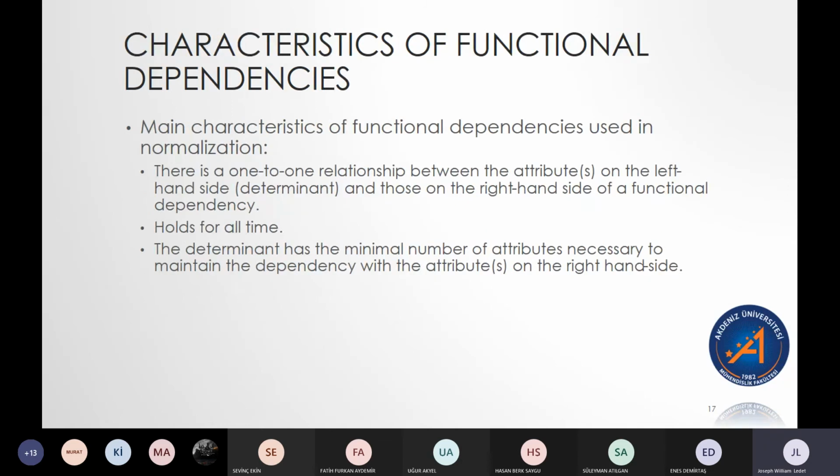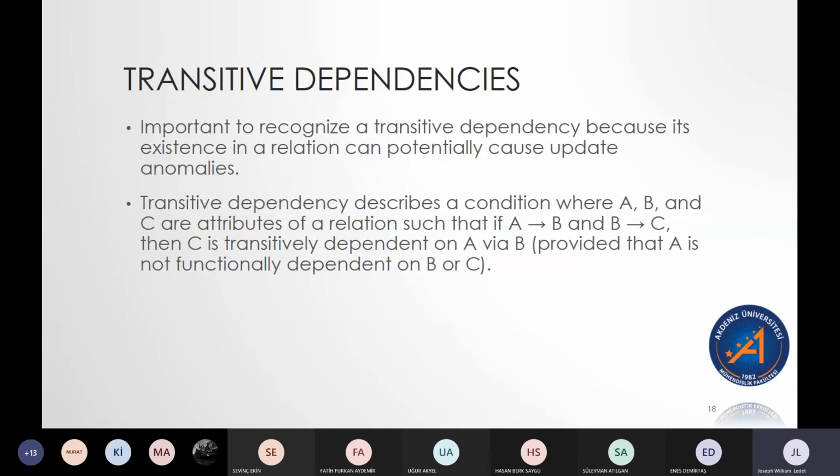So one more new thing I'll introduce you to is this idea of a transitive dependency, and then we'll take a break.